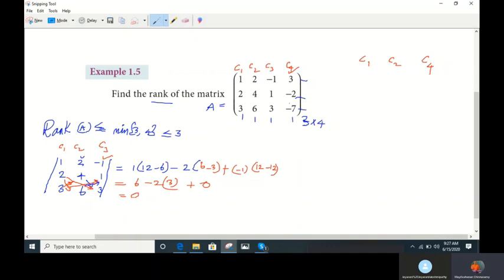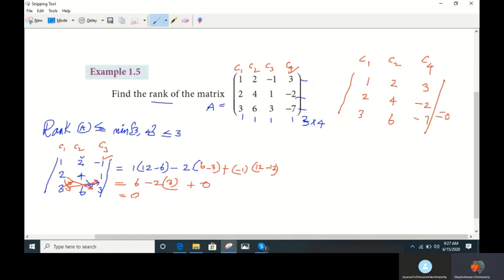That matrix also you have to check whether the minor is 0 or not. So 1, 2, 3; C2, 2, 4, 6; C4, the last column, 3, -2, -7. And this determinant value is also 0.